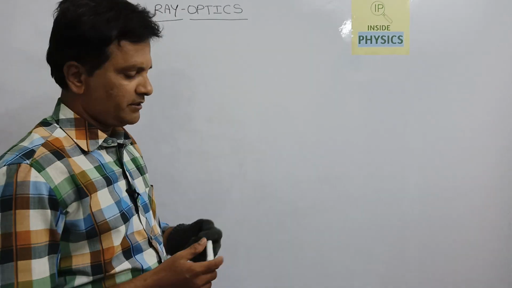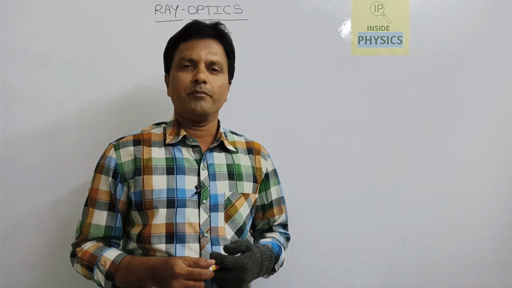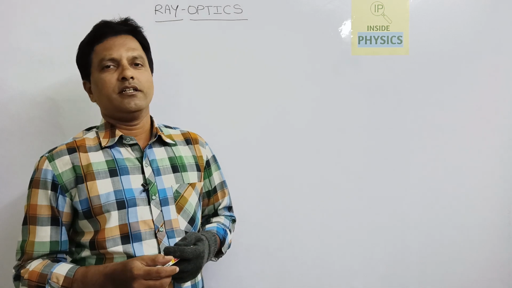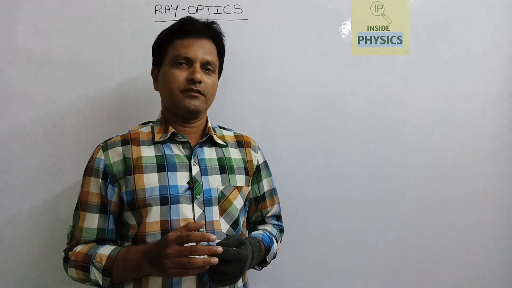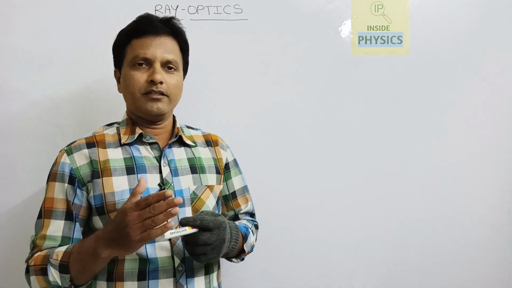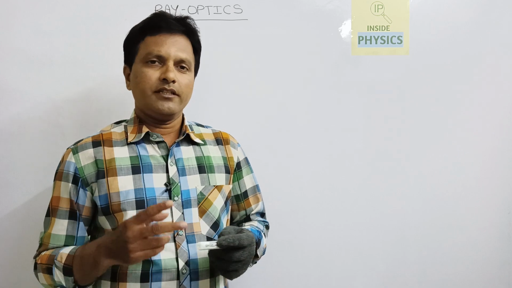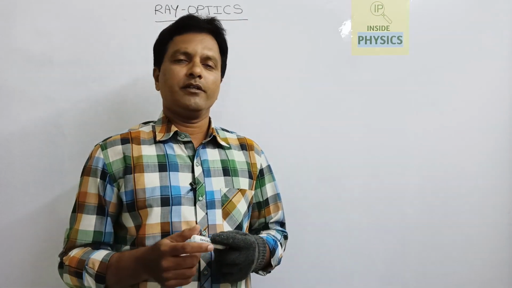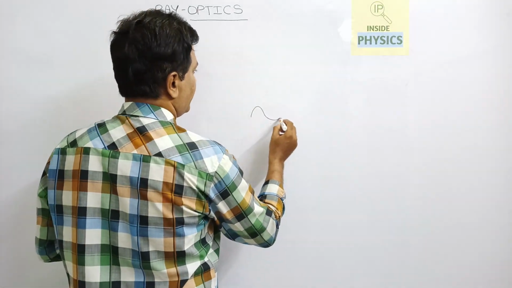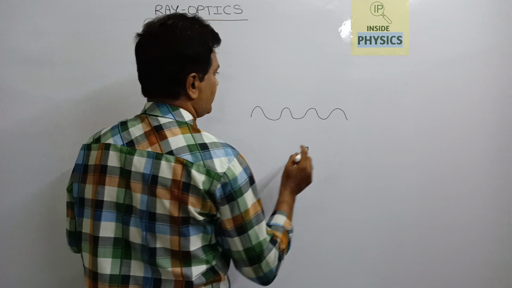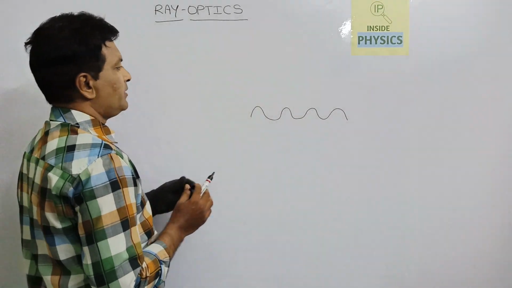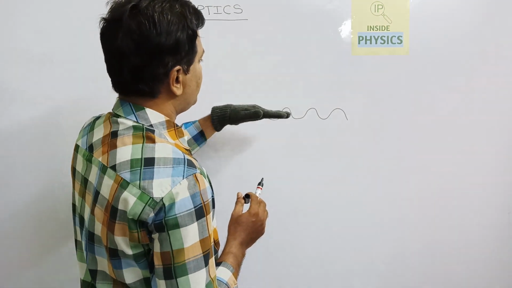study of ray optics. Light is an electromagnetic wave in which the electric and magnetic fields are mutually perpendicular to each other in their planes of propagation. So, when an electric field in the light is propagating in this way, the magnetic field will be propagating perpendicular to this plane.